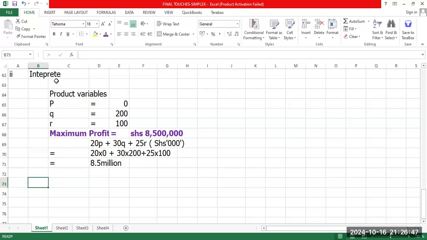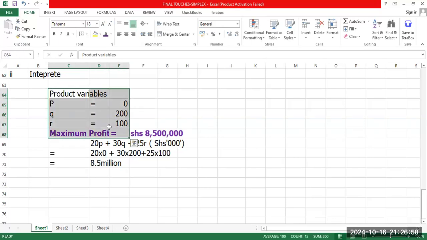So what does this one mean? Remember, colleagues, you are a manager. You cannot simply just present this. You can just write something to make a conclusion about this.